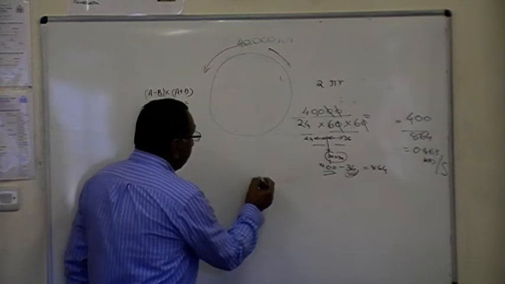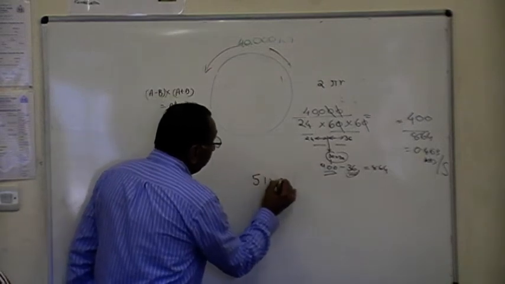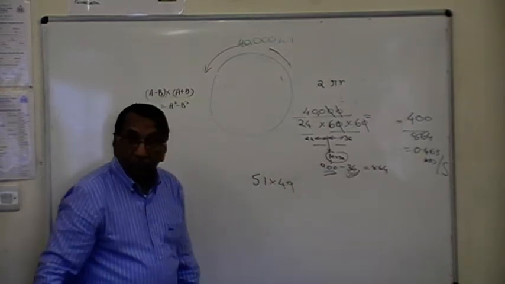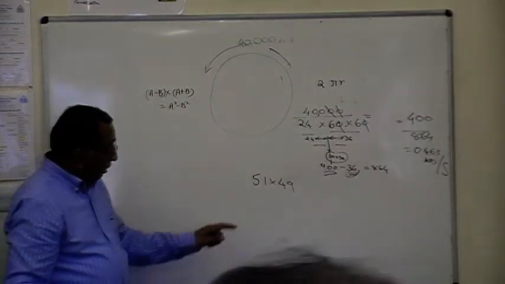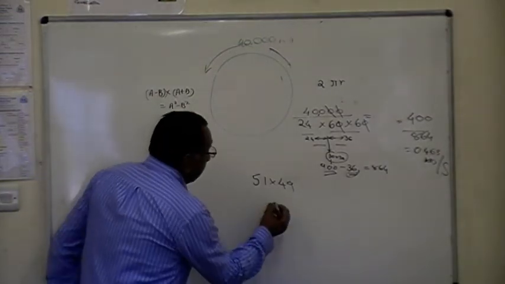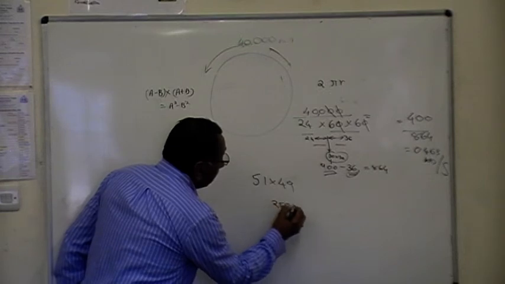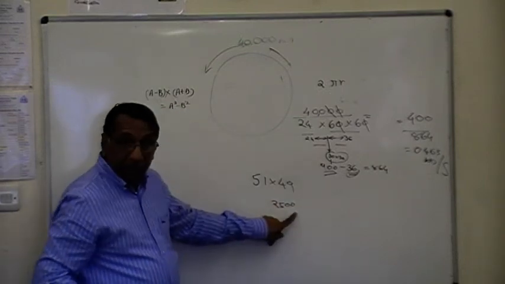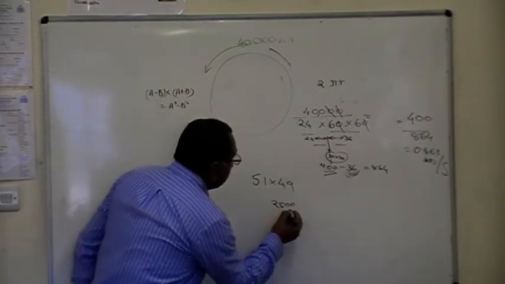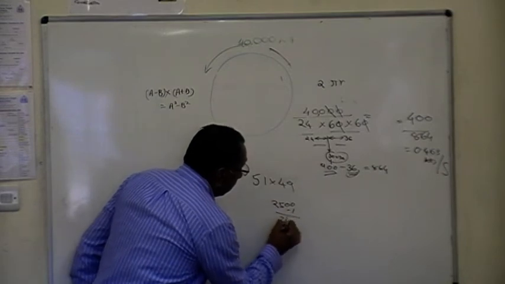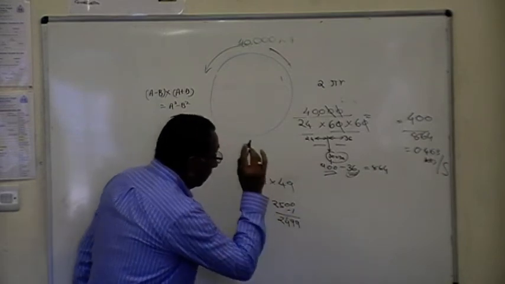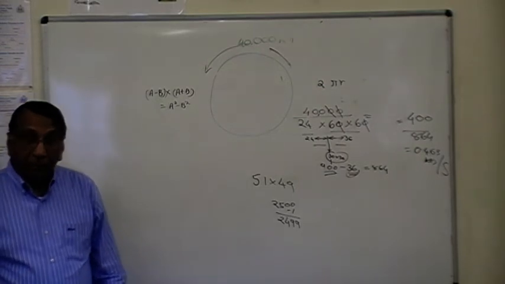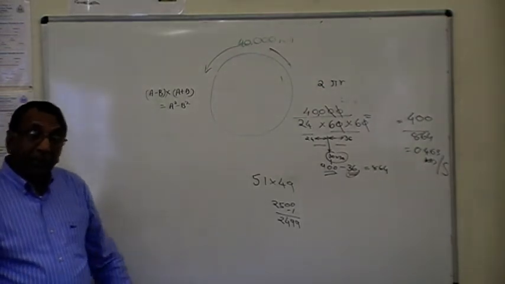So sometimes we say, what is the multiplication of 51 and 49? So what is the mean? 50. So we take the square, 2,500, and take out 1, minus 1. 2499. It works that way.